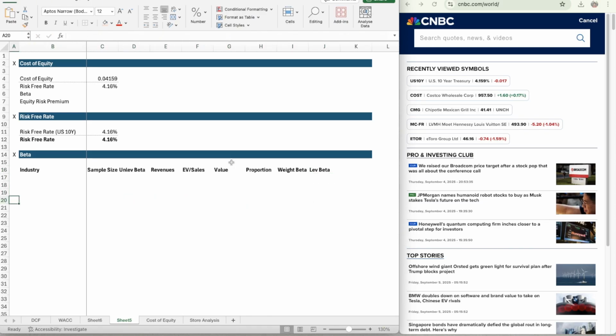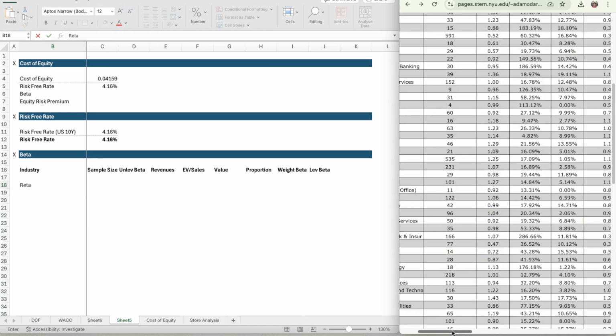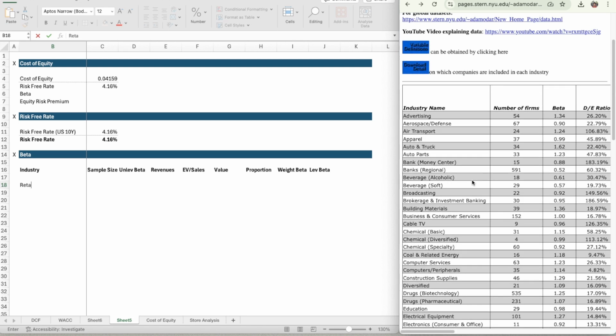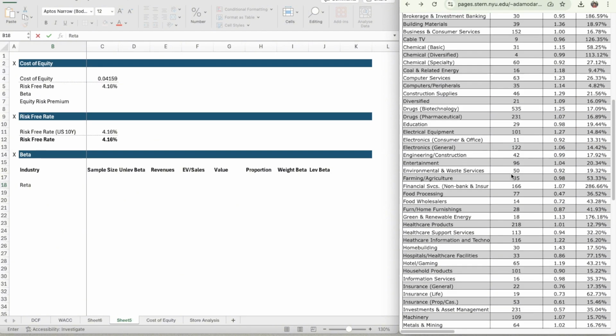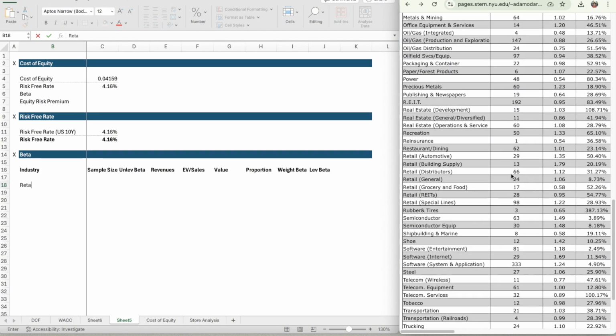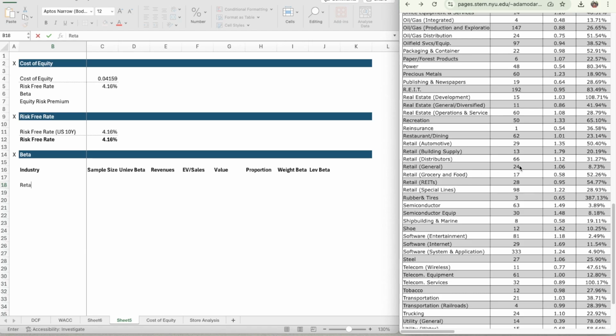So the first industry for Costco, I think, will be retail. We're going to take it again from Professor Damodaran at NYU. We'll look at his data. He does the betas by sector, and this is for the US. So we go down to Costco, and we can see there's retail, and there's retail, grocery, and food.